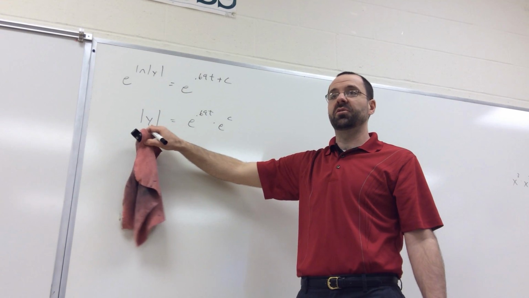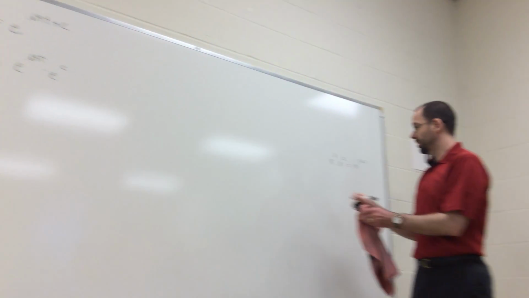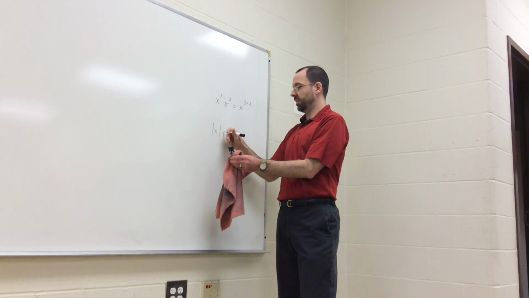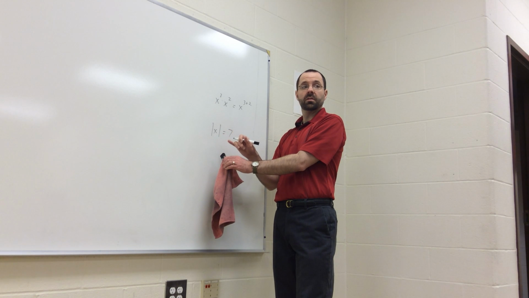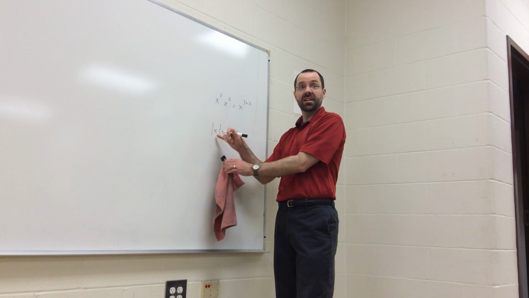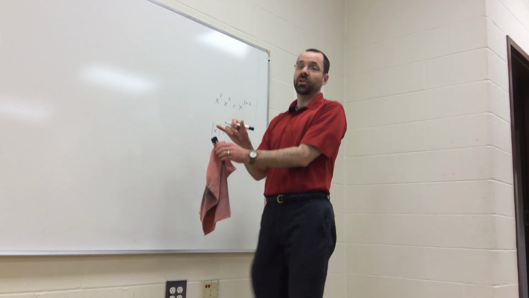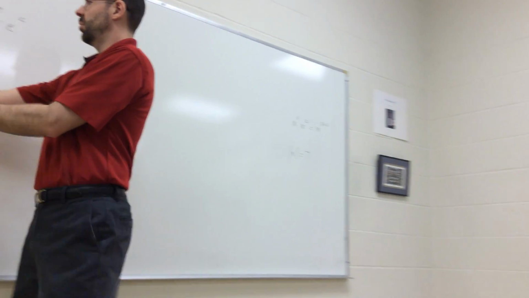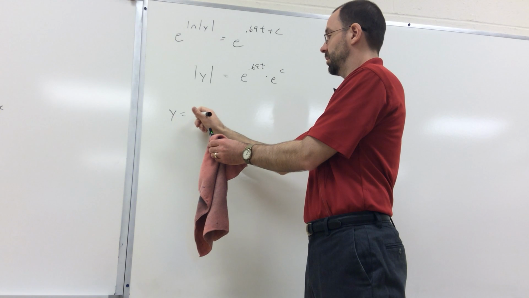Okay, then the last thing I have to do is get rid of the absolute value. So let's talk about that. If you have the absolute value of x equaling 7, what are the possibilities for x? x could be 7, or x could be negative 7, right? So here, that same thing. y could be positive this, or y could be negative that.